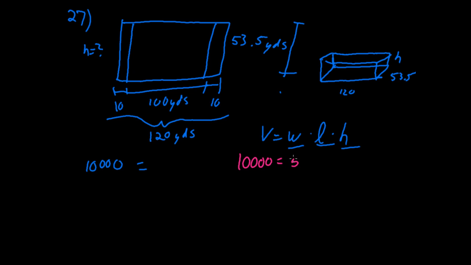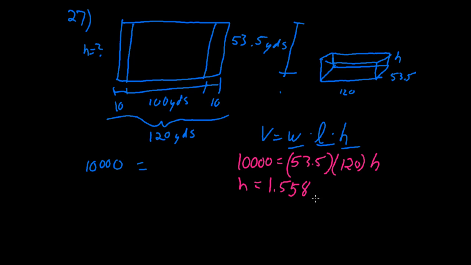10,000 is equal to 53.5 multiplied by 120 times the h. And we can use simple algebra to solve for h, and we get that 10,000 divided by 53.5 times 120 is about equal to 1.558.